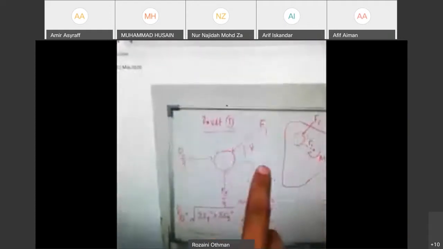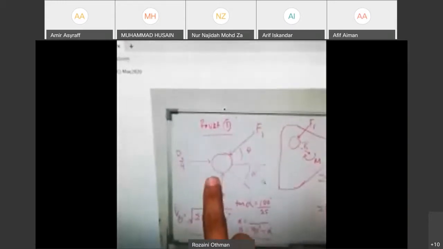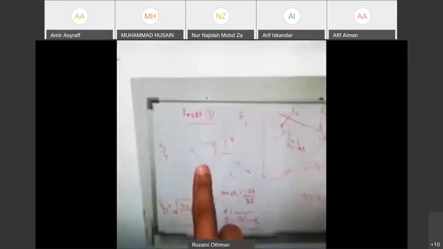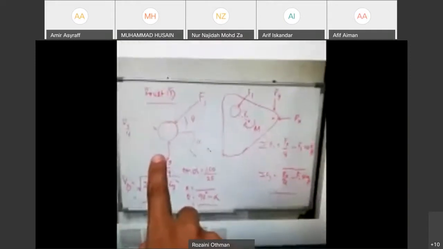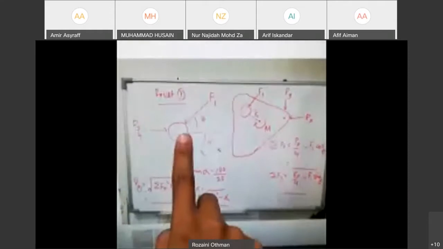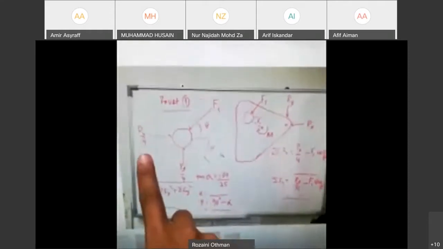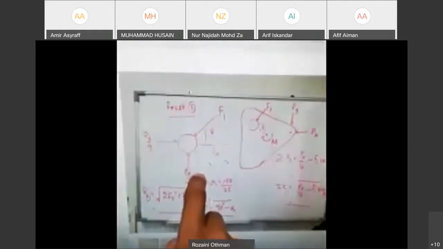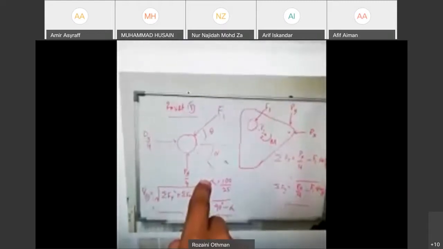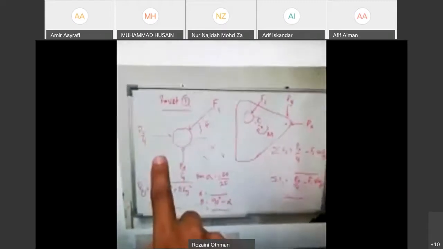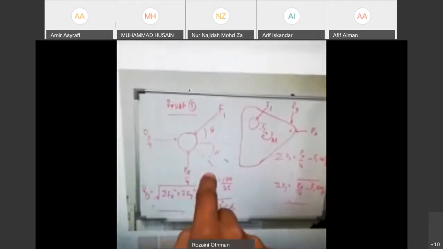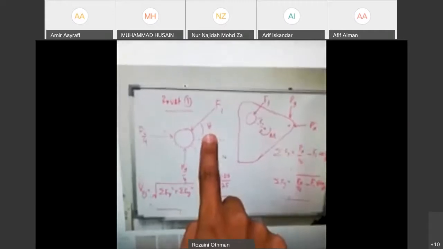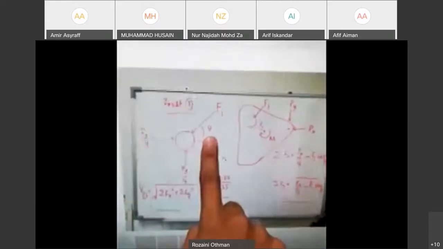So when we draw a free body diagram for each rivet, rivet number one is given by this, whereby we have Px over 4 in the x direction and Py over 4 in the y direction. So it's the reaction force for x and also y, and also F1, which is the reaction tangential force.